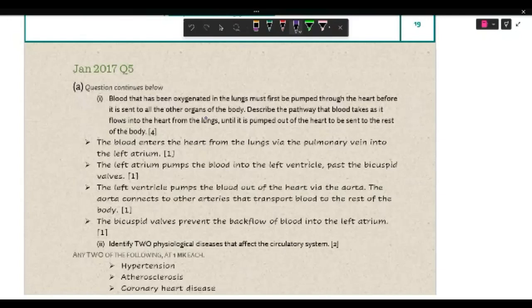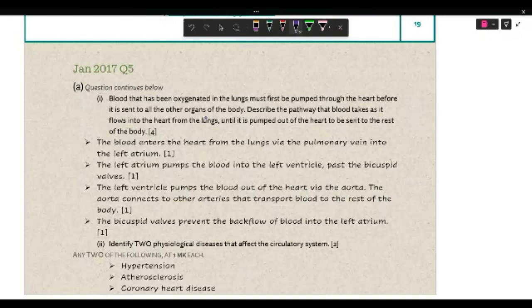And just an aside, this topic, circulatory system, is a topic that seems to be problematic for candidates across the region. So if you are able to handle a question like this well, you will rank quite highly. It's going to definitely aid you in your journey towards grade 1.